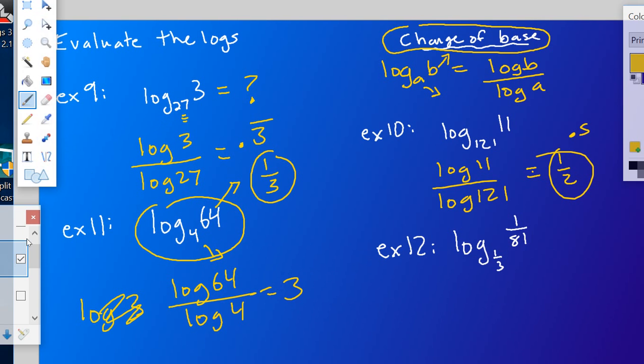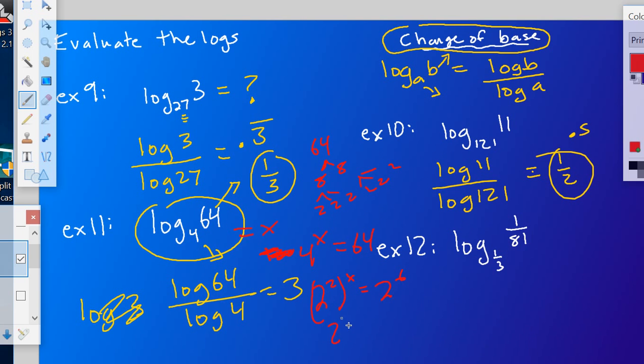Now I don't have to rely on my calculator. I could do this without my calculator. I'd write log base 4 of 64 equals x, and I'd say 4 to the x equals 64. And I would prime factorize both of these. 4 is 2 squared. 64 is 2 to the 6th.